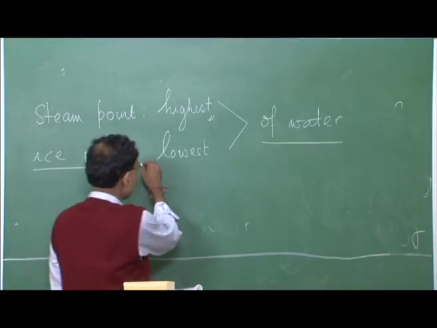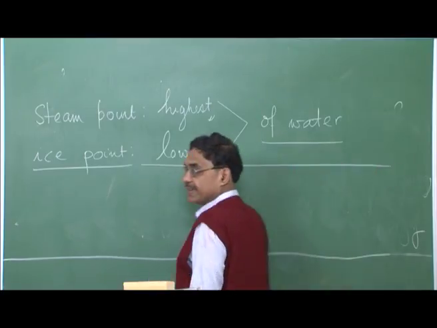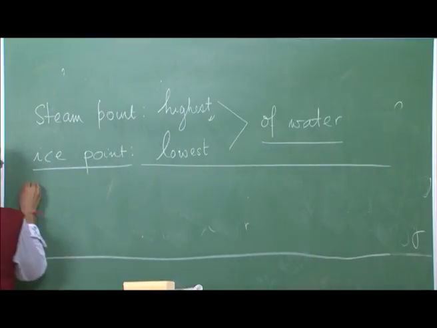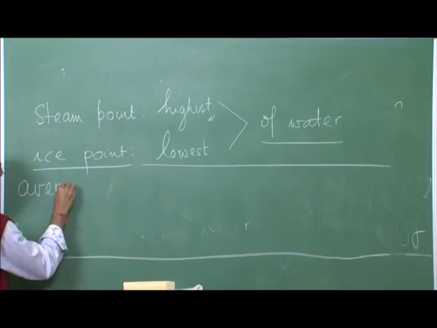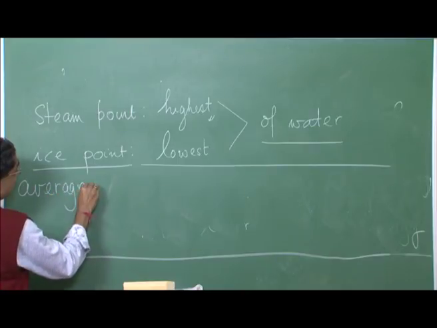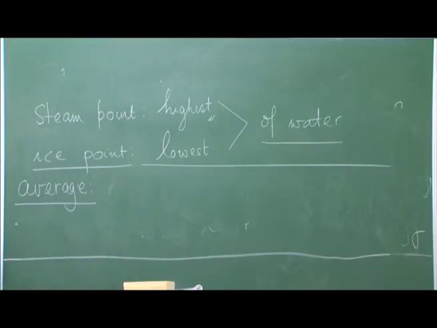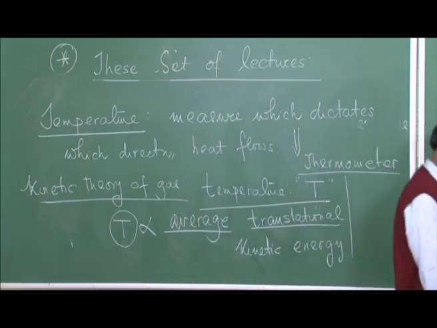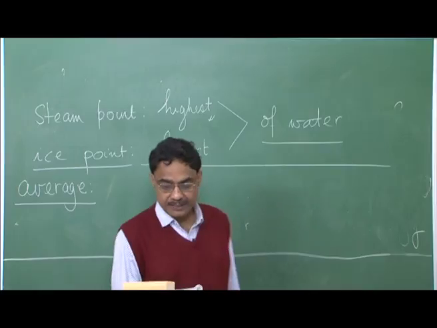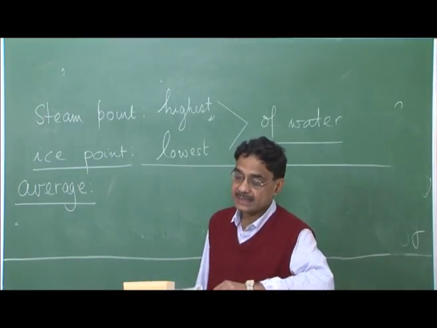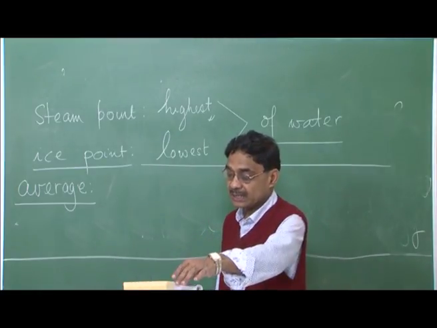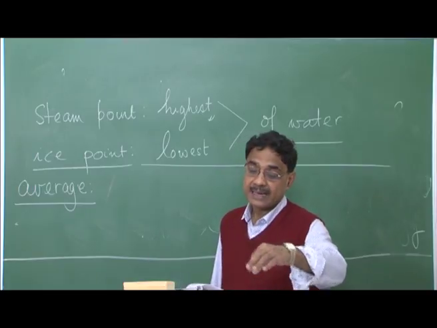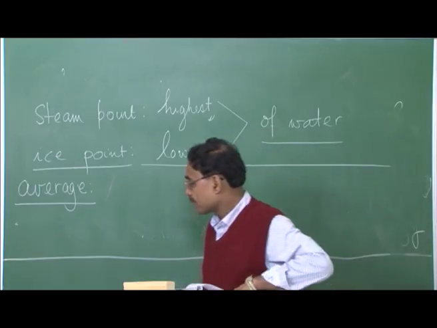Now, coming back to the point, what do I mean by average? Why am I calling it an average distribution? Well, firstly, I have written down already two things. One is kinetic theory of gas and other is thermodynamics of gas. Now, what do I mean by average? Okay.